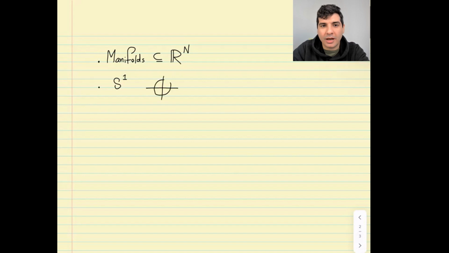I guess that's the most common way to think about it. So we think about S1 as a submanifold of R2. Or when we think about the two-sphere S2, we think about S2 being inside R3. So we might think about S2 as a submanifold of R3.